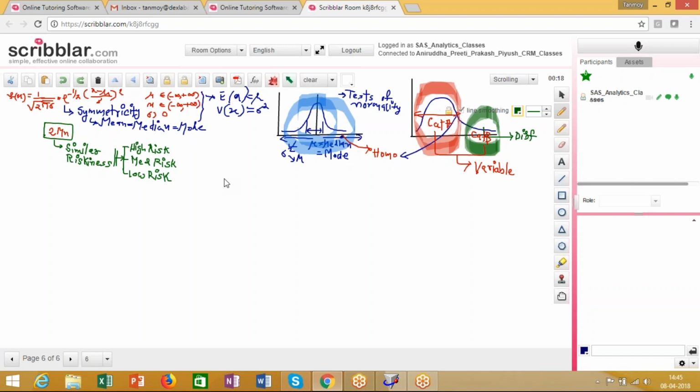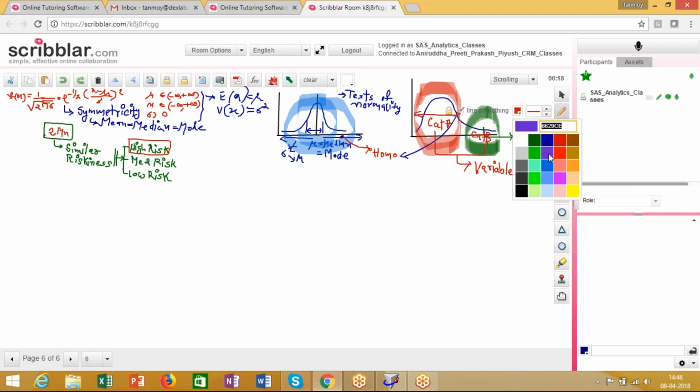Now the question that comes up is, among the high, medium, and low, how do I differentiate between these three groups of riskiness, right? How do I distinguish a high risk, medium risk, and low risk? Let's think about it like this: within the high risk segment, the behavior of all the borrowers would be very similar, right?